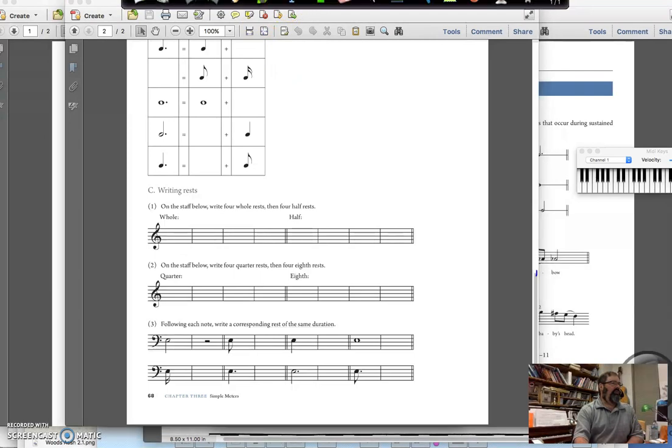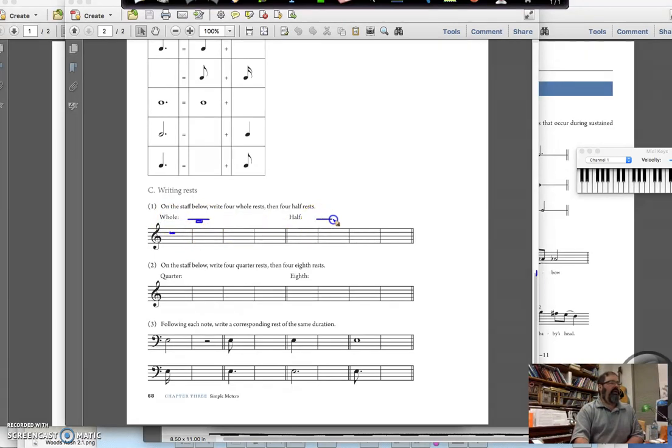Get my pen here. The whole rest is a little rectangle underneath the fourth line, usually placed about in the center of the bar, left to right. A whole rest is like a hole that you would fall into, underneath the line. Get it? Hole equals whole.